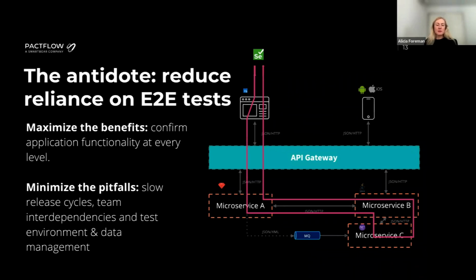And also, we're going to minimize the pitfalls, which are potentially slower release cycles, team interdependencies, and the management of environments and data. This then is really the antidote to clawing back some of those pains that we might be feeling in a microservices architecture and actually being able to explore and utilize the benefits.